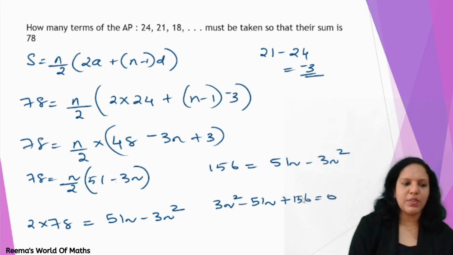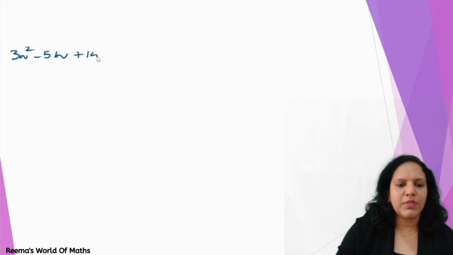So now we have got an equation, which is 3n squared minus 51n plus 156 equals 0.